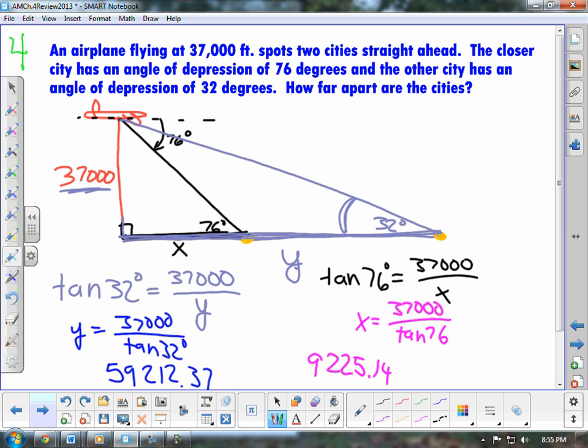And now all you have to do to figure out what the distance between the two cities is, here to there, is take these two things and subtract them. And you will get 49,987 feet, which is about 9.4 miles, because you divide that by 5,280. If you leave 49,987 feet, I would be fine with that.